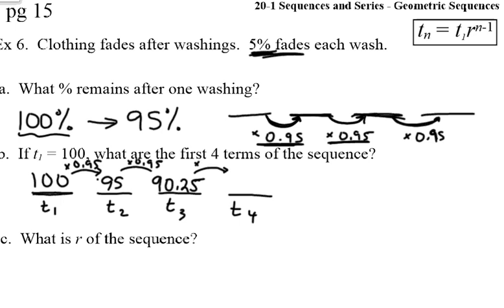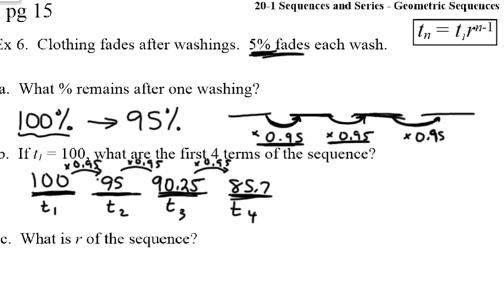We keep 95% again, so we're going to be down to 85.7. But what you have to be careful of, again, what are the first 4 terms? Well, we start with 100% of the color, then we're down to 95% of the original color, then down to 90%, then down to 85%.